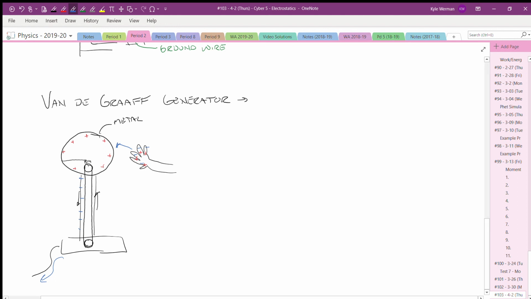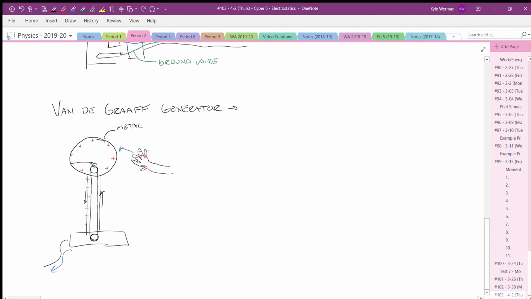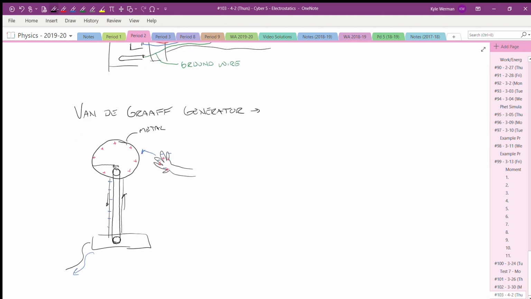And even the atmosphere around you here, it's kind of snap and crackle. So I want to kind of show you. So again, think of the Van de Graaff generator as a device that acts like an electron vacuum that takes electrons from the surroundings and brings them to ground.